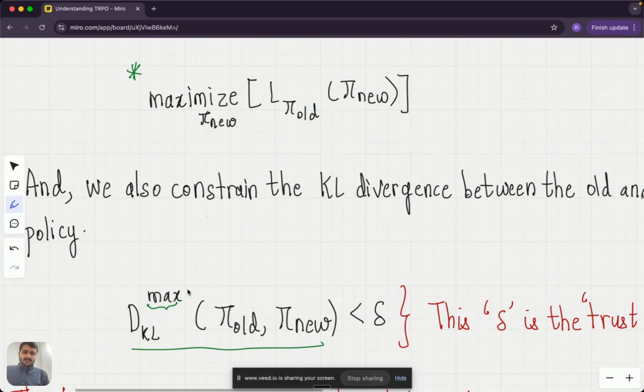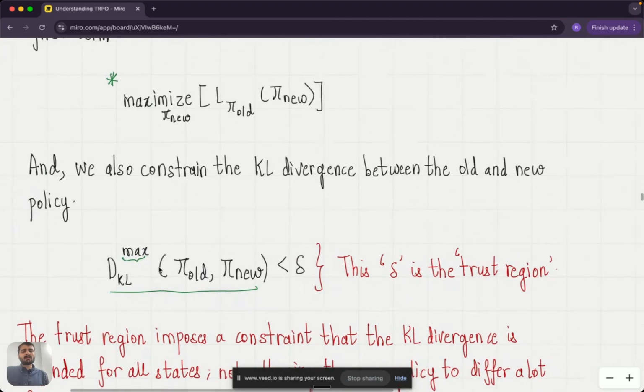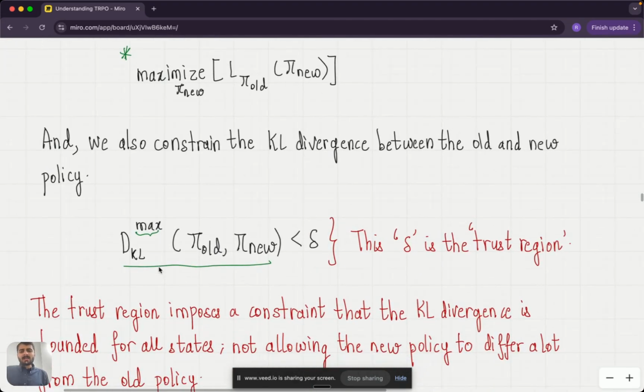In practice, there is an average term over here, but we are choosing to neglect that because we want to focus on the main concepts and developing the intuition behind TRPO and not get bogged down by too much mathematics, because really the intuition is the key here, and it's simple to understand the intuition.